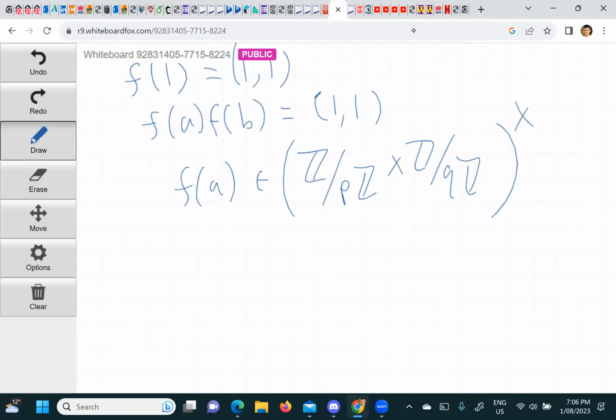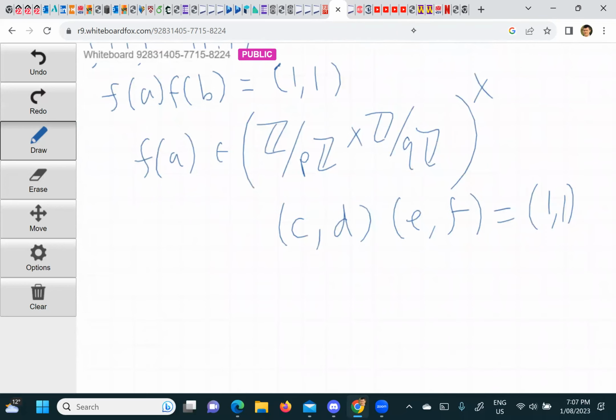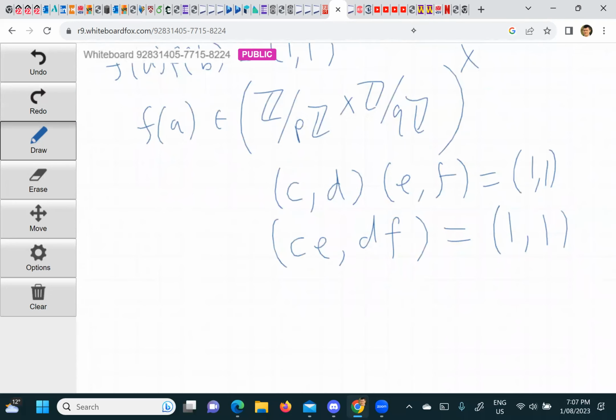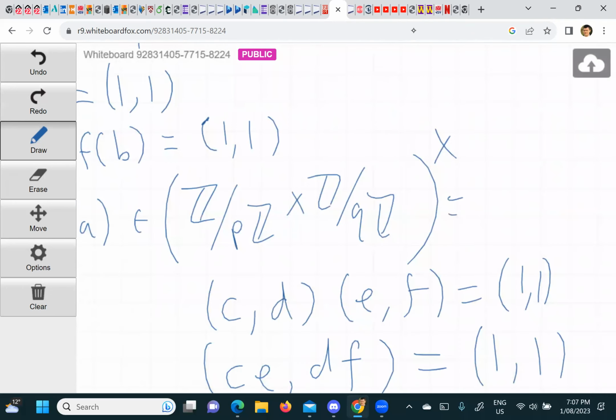If you have a C and a D, for that to be invertible, you need an E and an F such that the product equals 1, 1. And so the C times the E and the D times the F give 1, 1. So the CE individually equals 1 and the DF individually equals 1. So then this is just the invertible things separately.